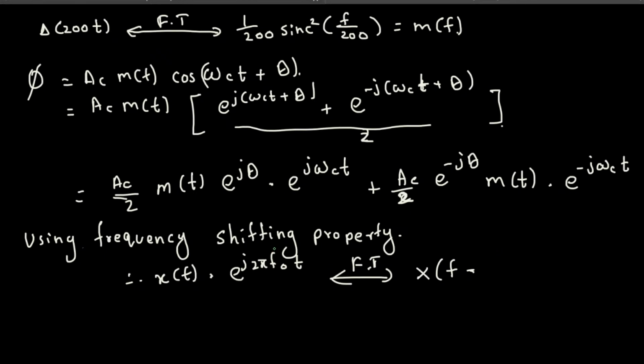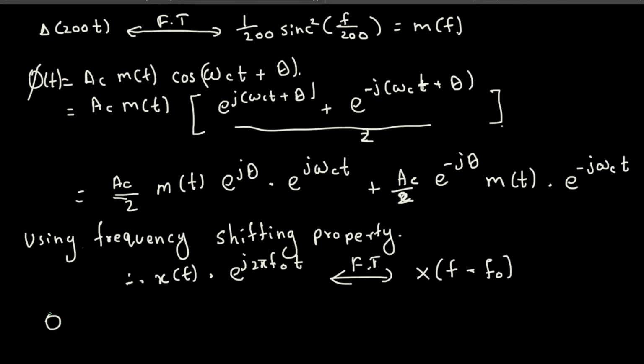So here f naught is the frequency in the exponent, so the spectrum is going to be shifted to that. We are going to use that property here and simplify it. So this is phi of t.